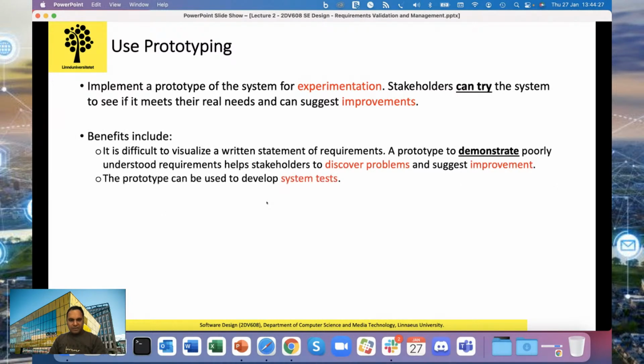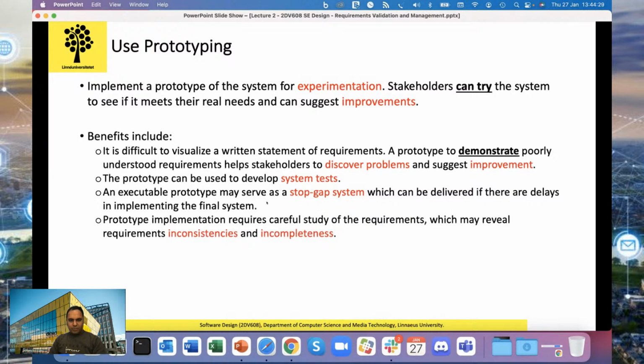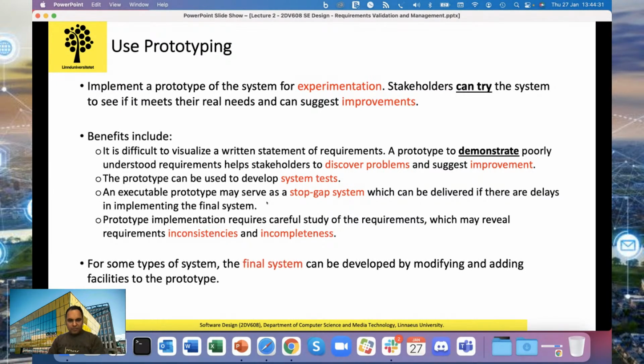There are many benefits to prototyping. For example, you can of course discover problems and suggest improvements for your requirements as early as possible.